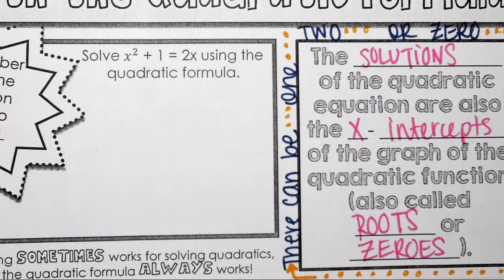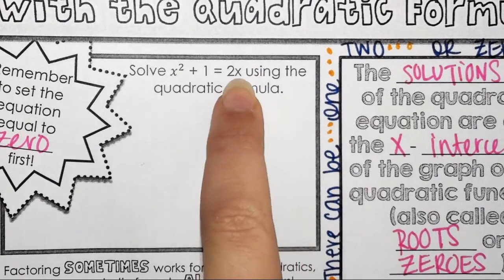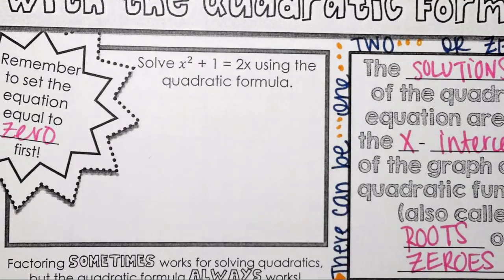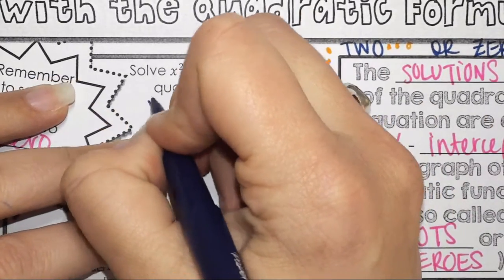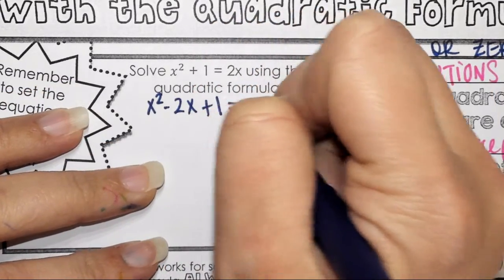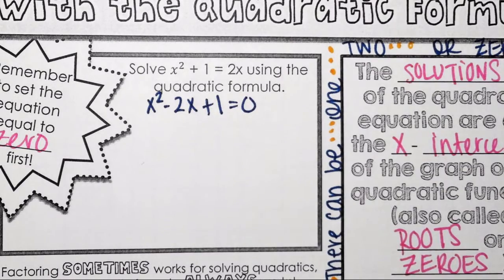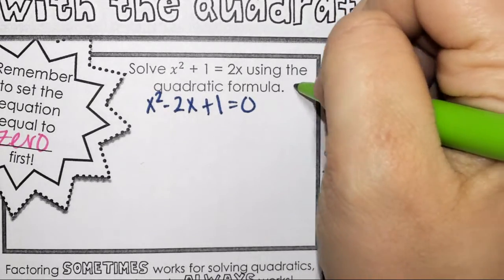So our quadratic must be equal to what? 0. So what do we need to do with this 2x to make this quadratic equal to 0? Minus 12. Take a point. So then it's x squared minus 2x plus 1 equals 0. Can anybody besides Jorge tell me what a equals this time? 1.